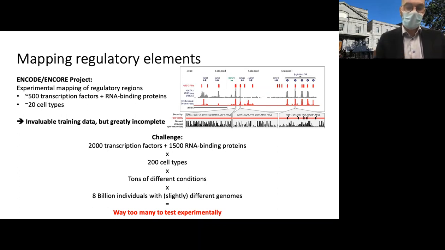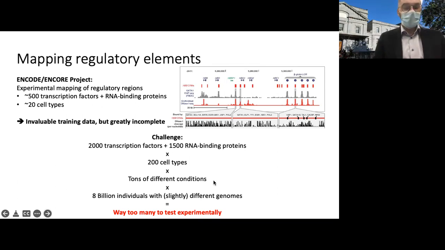Although every cell in our body essentially has the same genome, every different cell type has a different subset of its regulatory regions that are active. And so we need not only to understand the human genome, but to understand it in the context of different cell types. There are thousands of transcription factors and RNA binding proteins that are involved.